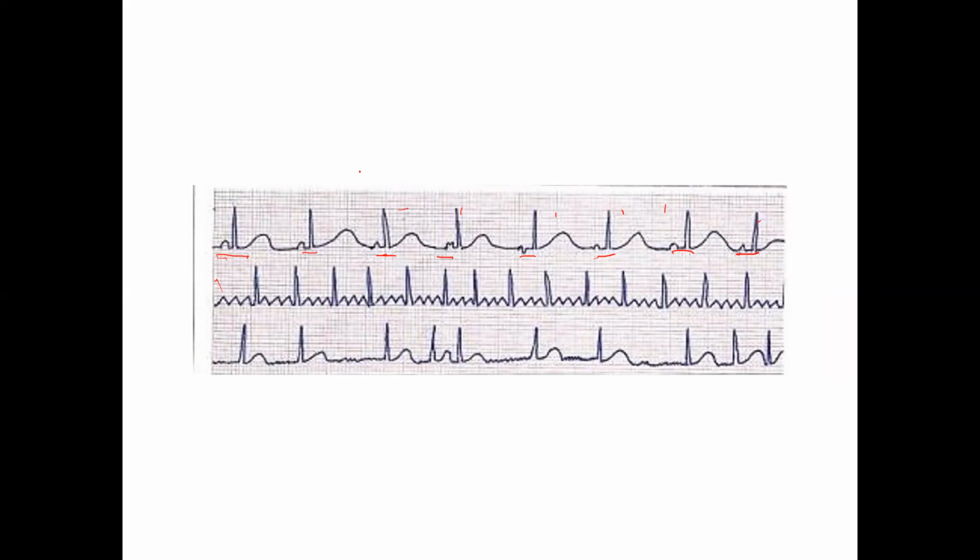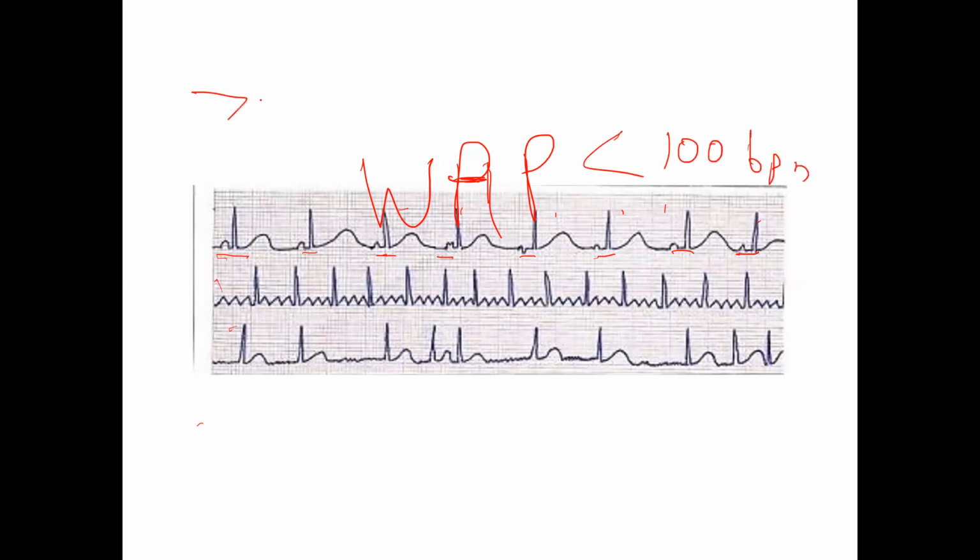Is it a wandering atrial pacemaker? Yep, a WAP. Wandering atrial pacemaker because the heart rate is less than 100 beats per minute. What if it was above 100 beats per minute? That would be tachycardia, right? Or multifocal atrial tachycardia, or MAT.